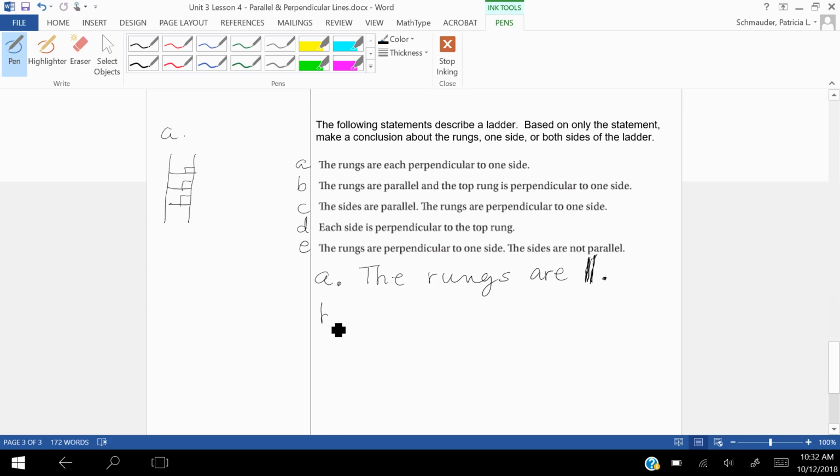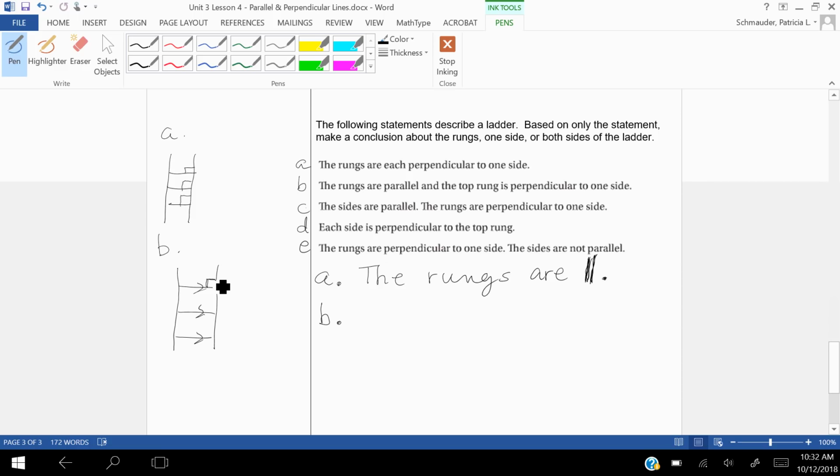Okay, let's look at B, and then I'll let you take off and do the rest of these by yourself, because as I always say, I don't want to deprive you of that fun. Here we go. B, it says the rungs are parallel. So I'm going to mark these as parallel. Rungs are parallel, and the top rung is perpendicular to one side. So what does that tell me?